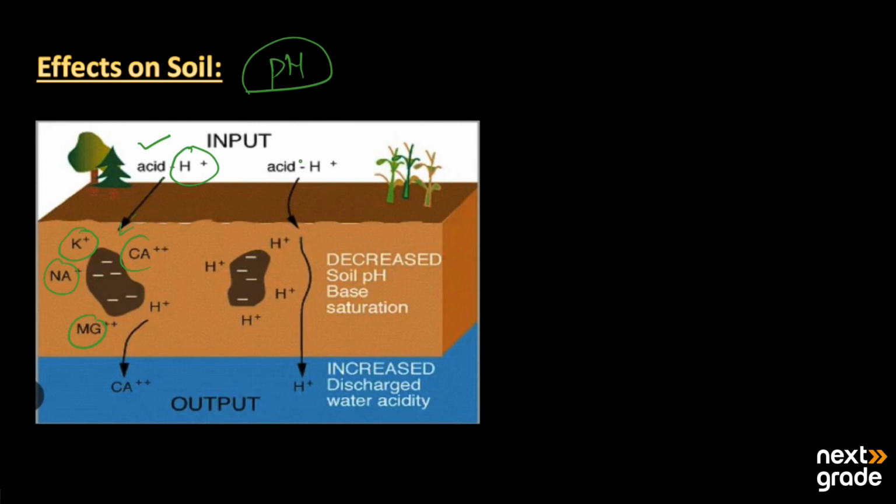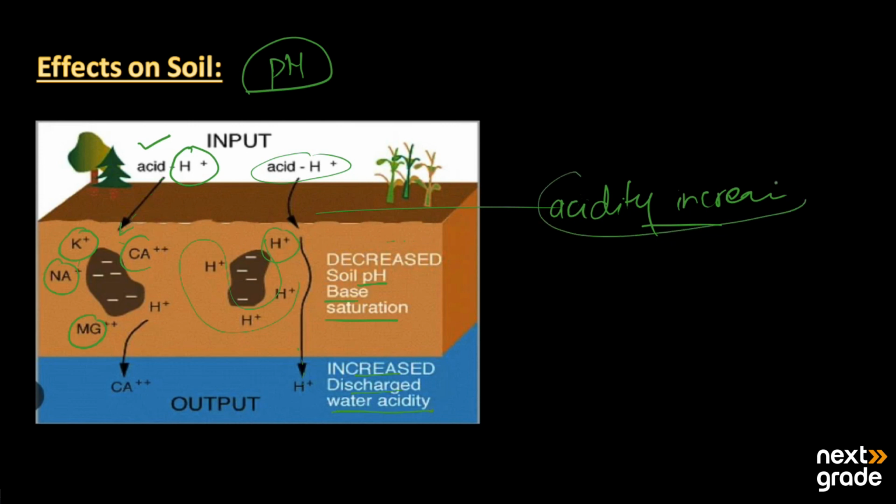And when more hydrogen ions are added into the soil, these ions just start to go down and we have just H positive ions around the soil. It means the acidity increases and the pH of the soil also decreases as the base saturation goes down and down. Here there is an increased discharge of water acidity.